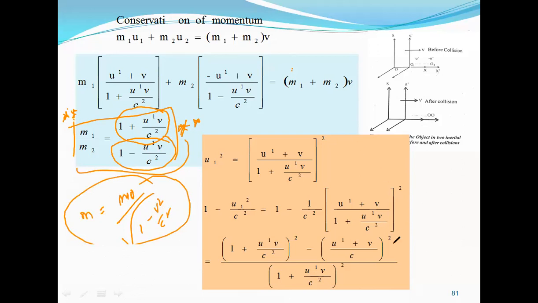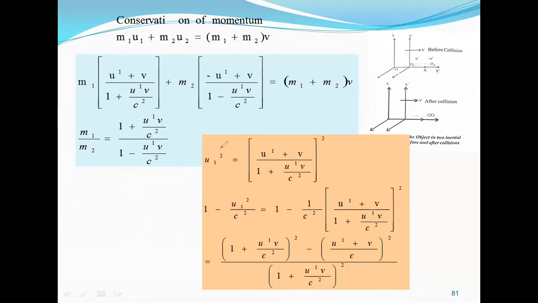That is a big task, but it helps a lot. It's not so tough, and you can do it. So we have to calculate this term separately and this term separately, and then divide.